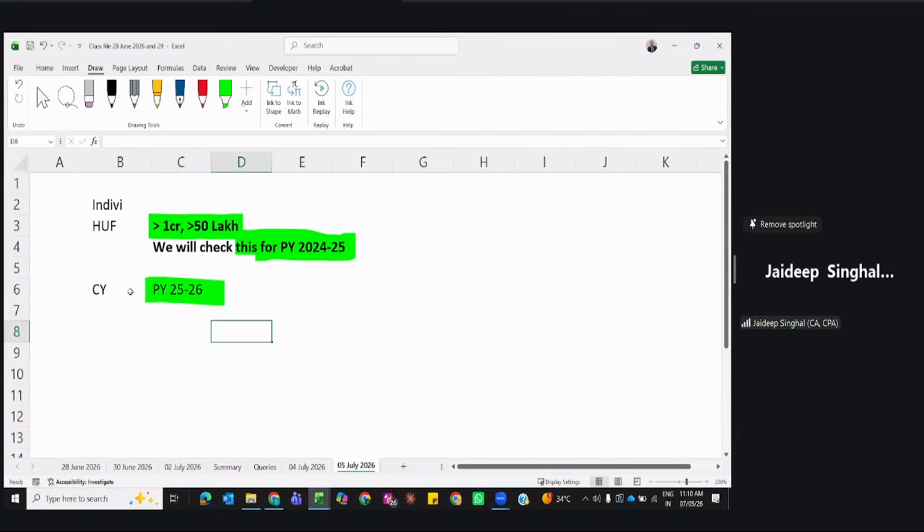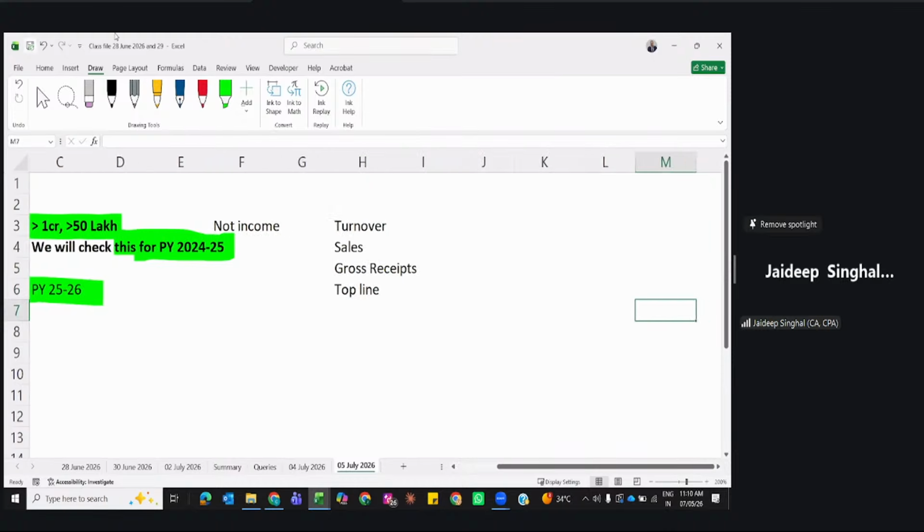Clear? Now I asked you, this is not income. This is turnover. This is the turnover that we check. Other name of turnover is sales. Other name is gross receipts. There is another name in financial terms, we call it top line. There is a word called top line and bottom line.